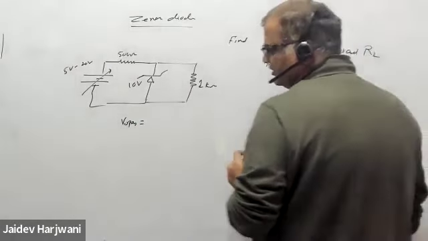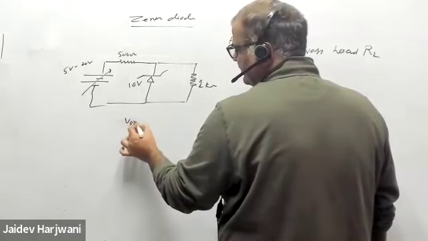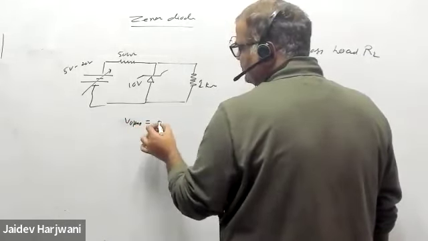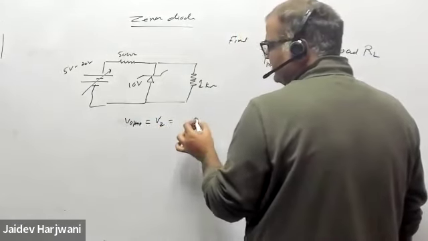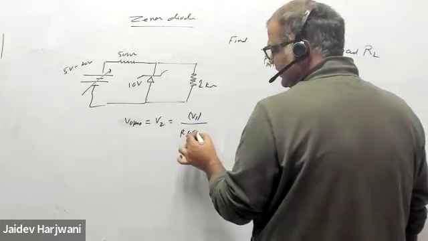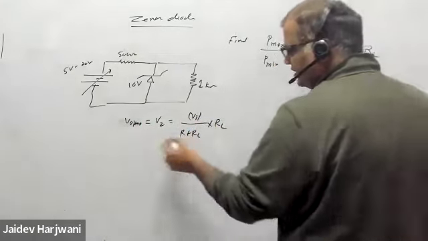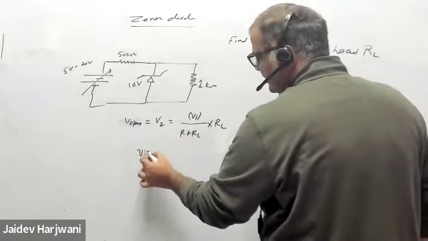Minimum V open value. So if I keep V open, minimum V open should be equal to VZ, and that should be equal to VI upon R plus RL into RL. This should be the minimum value of VI. So this gives you VI.